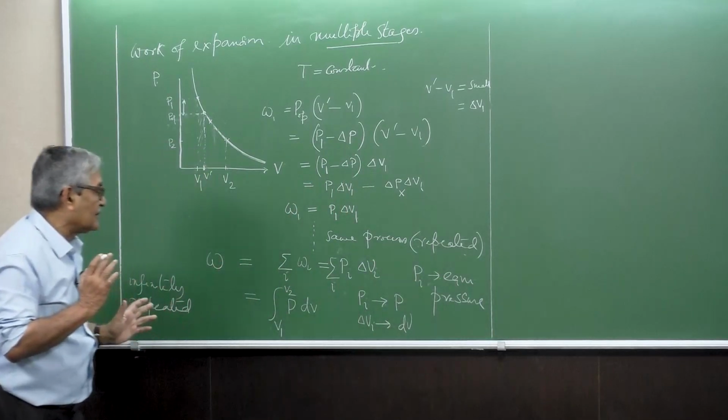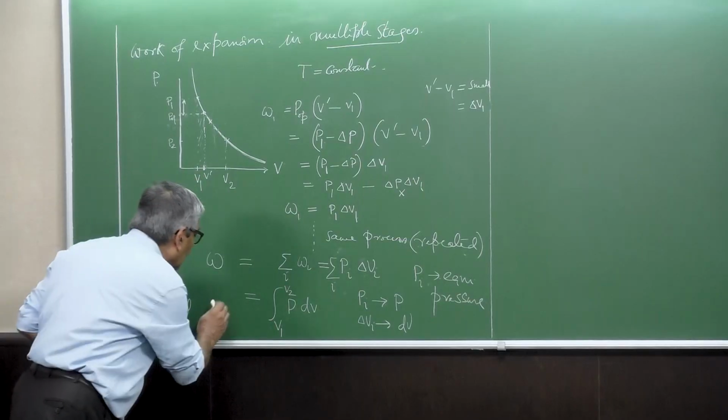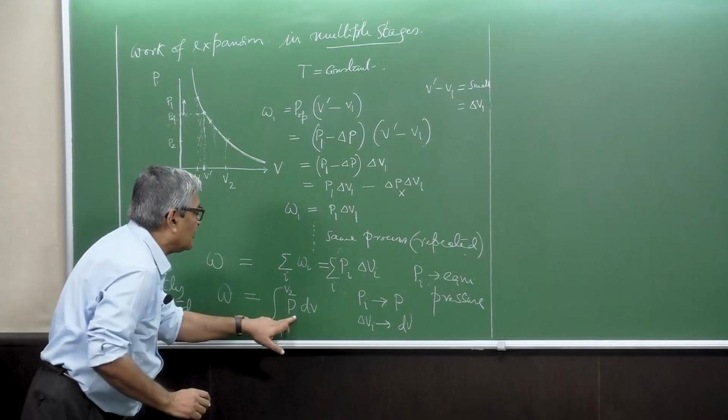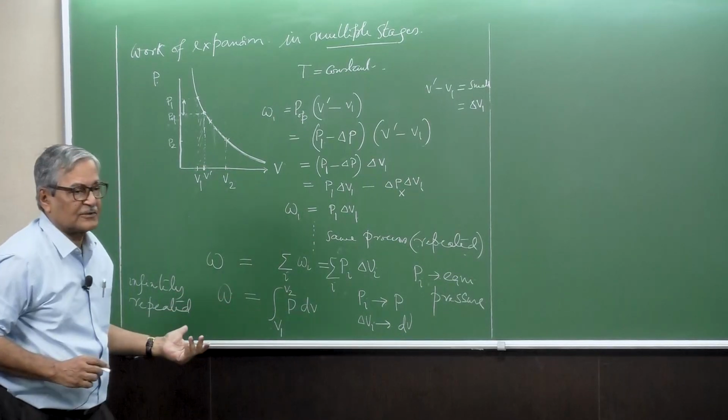So this is a very stringent condition on the system, and that gives you a W. That W is basically P times dV, and that process is called a reversible process.